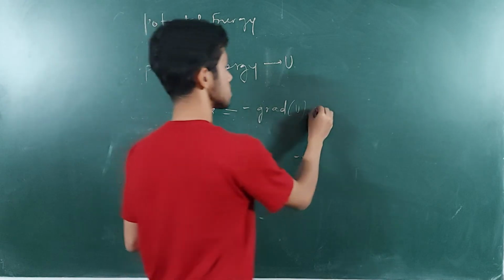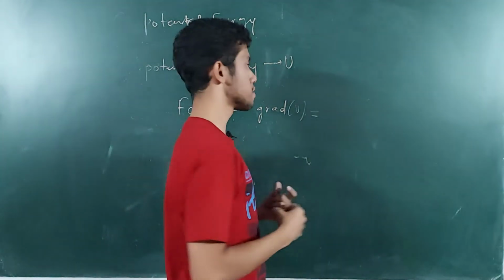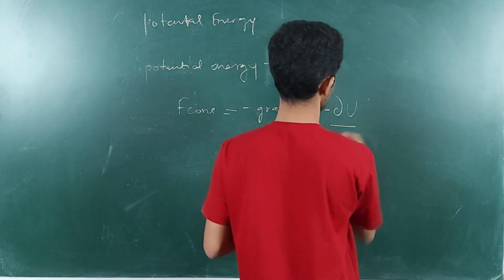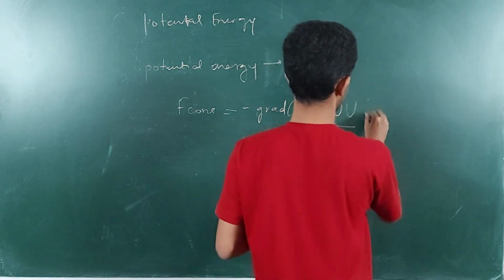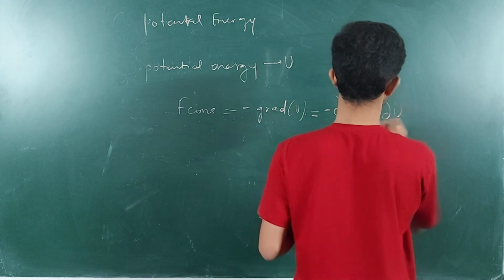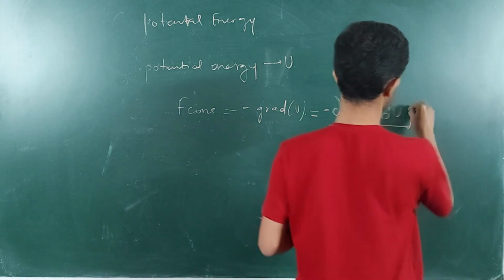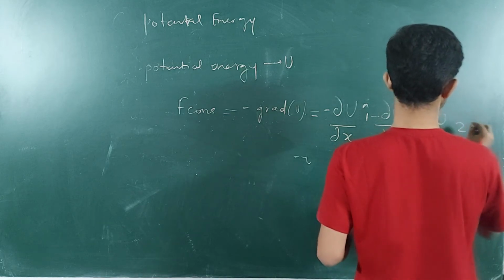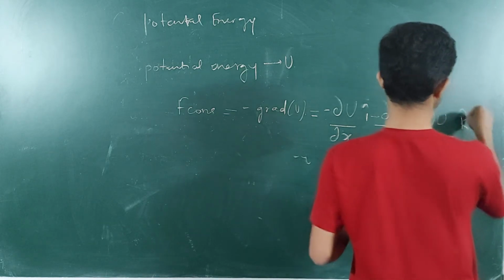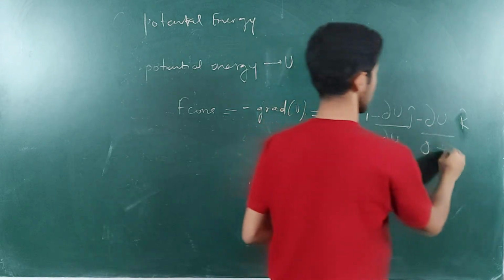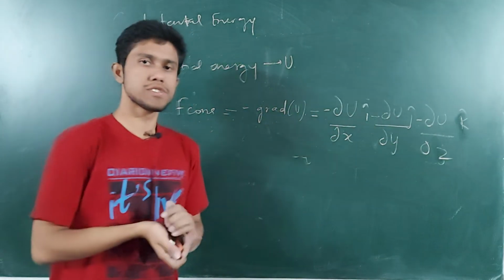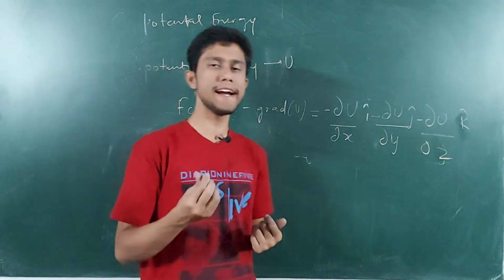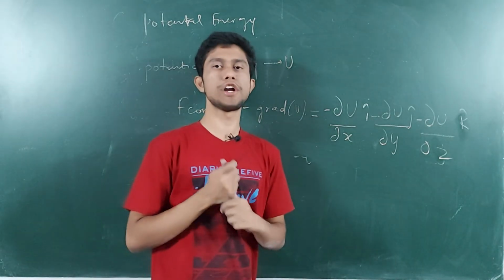This is given by a special symbol, that is minus ∂U/∂x i cap minus ∂U/∂y j cap minus ∂U/∂z k cap. So what is this ∂? We have previously seen dU/dx or dU/dy or dU/dz.